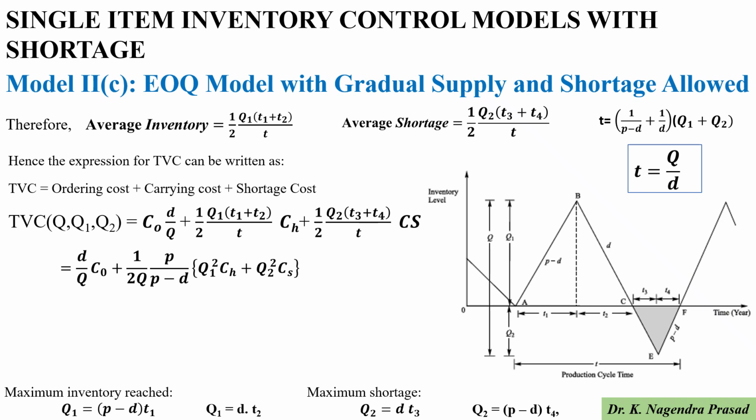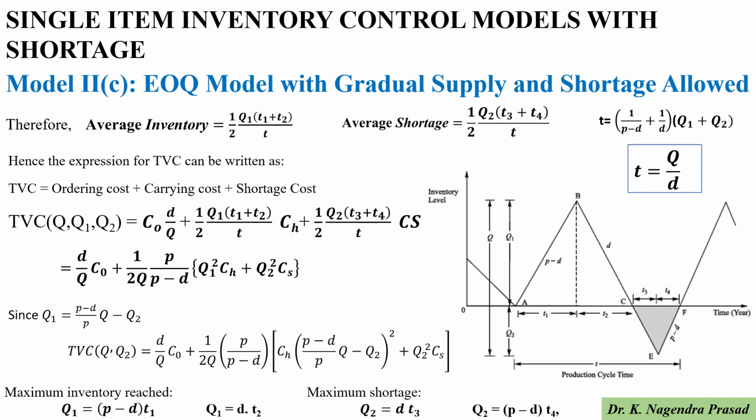Then this equation can be written as D by Q C0 plus 1 by 2Q into P divided by (P minus D) into (Q1 square CH plus Q2 square CS). And we know the relation Q1 equals (P minus D) divided by P into Q minus Q2.